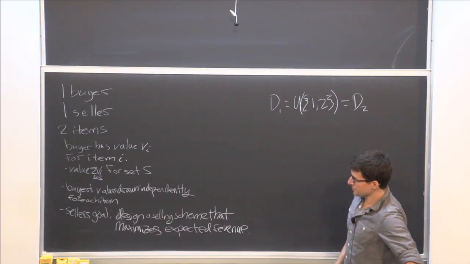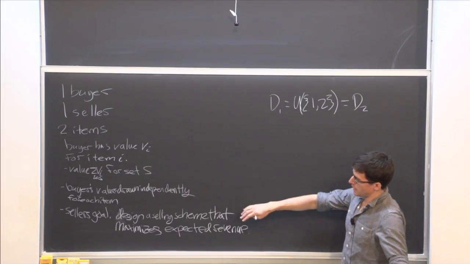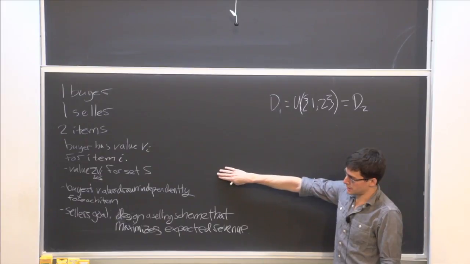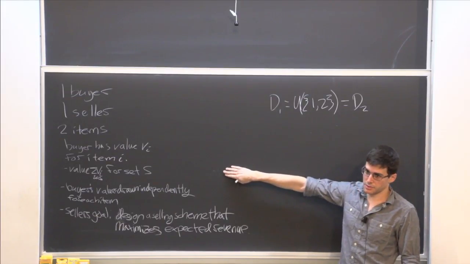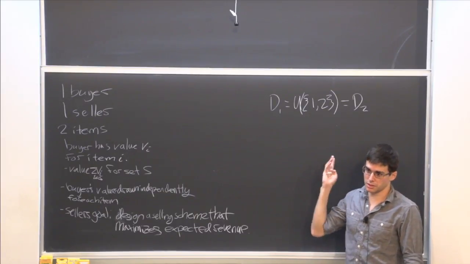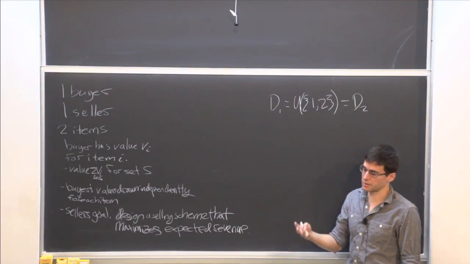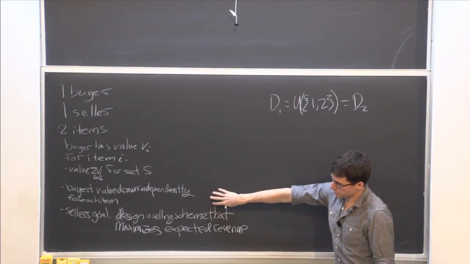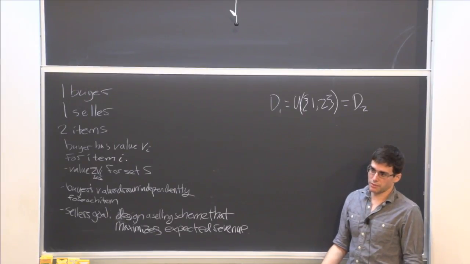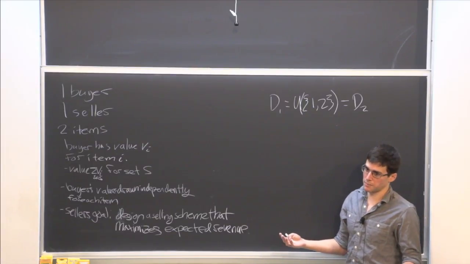A tempting thing to reason is: the buyer's value is linear, or additive, over the items. So it doesn't matter whether he gets item 1; his value for item 2 is his value for item 2. It's not like if he gets item 1 he has more value. And the values are drawn independently, so even if you condition on the value for item 1, it doesn't tell you anything about the value for item 2.